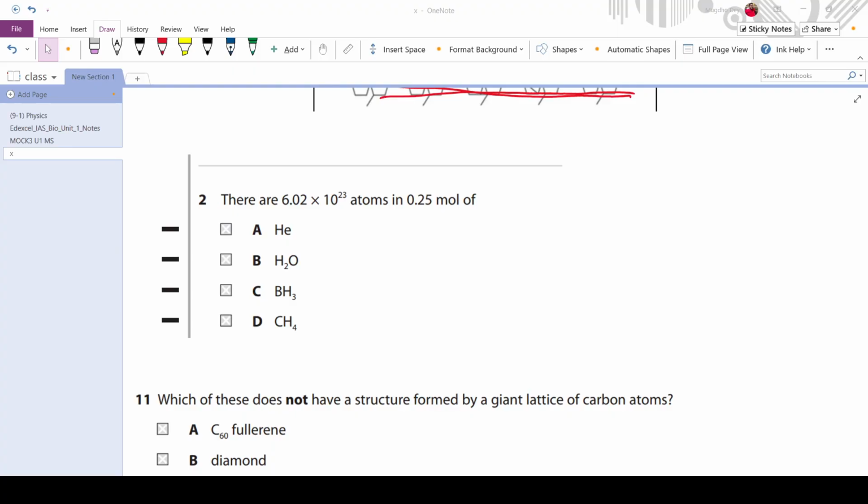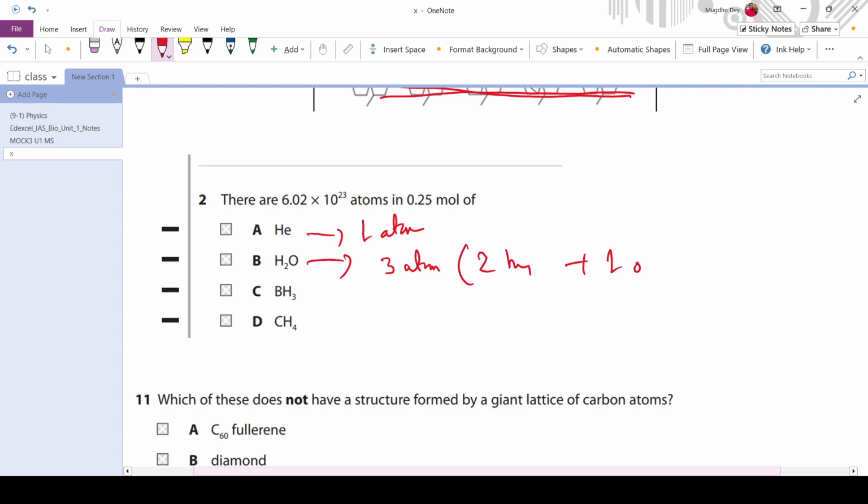Okay. At first, we need to check which one contains the correct number of atoms per mole. We can clearly see for helium there is only one atom, one type of atom. In water, there are three atoms per molecule, two hydrogen plus one oxygen.